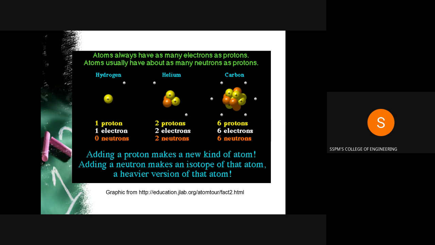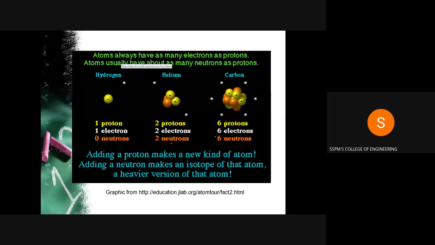So except hydrogen, the other elements have the same number of protons and neutrons. In the periodic table, all elements except hydrogen have the same number of protons and neutrons, but differ in the number of electrons. Atoms have as many electrons as protons, and as many neutrons as protons.